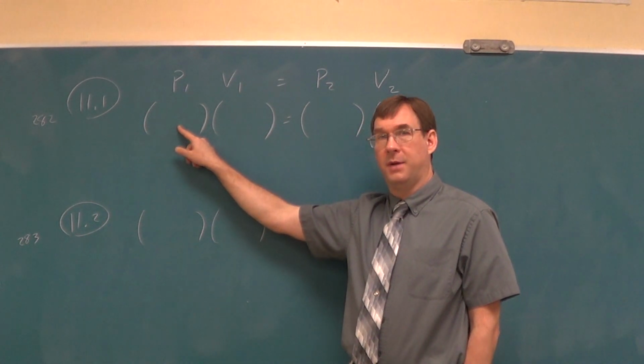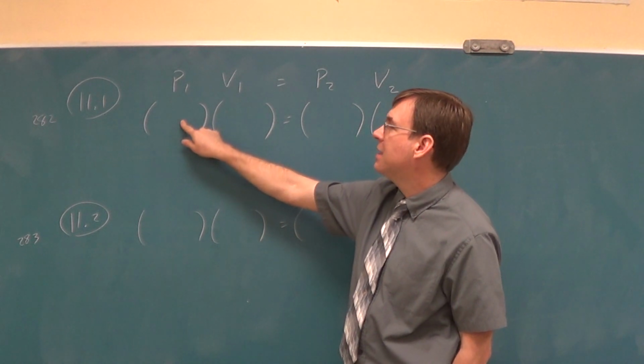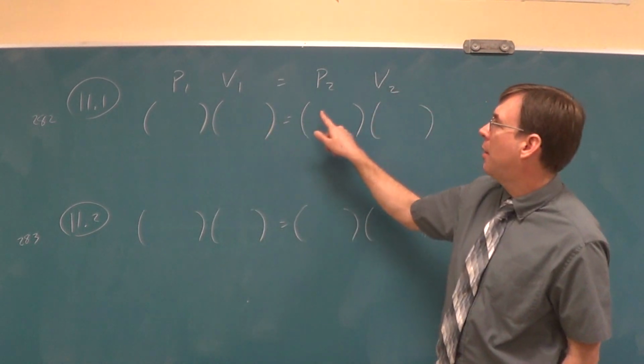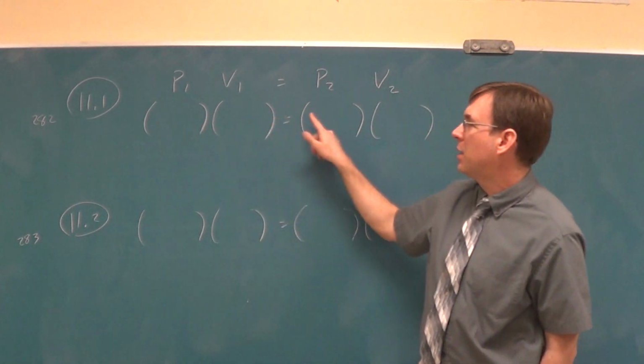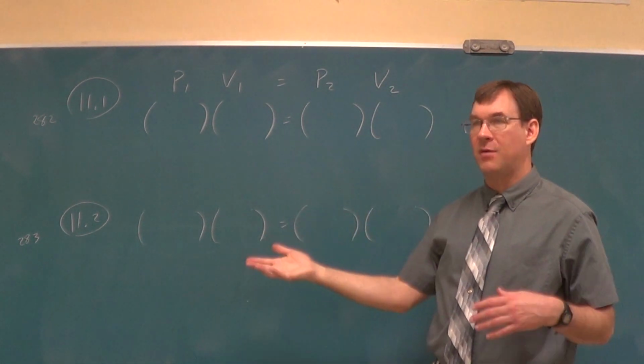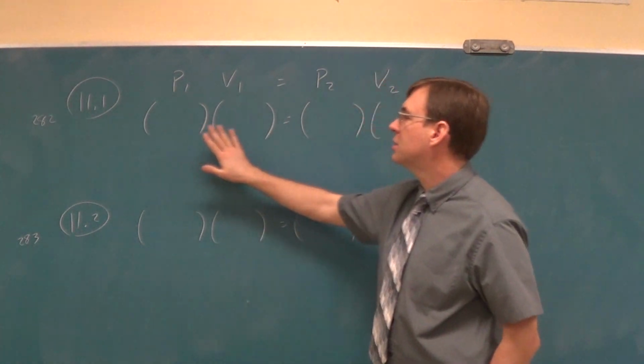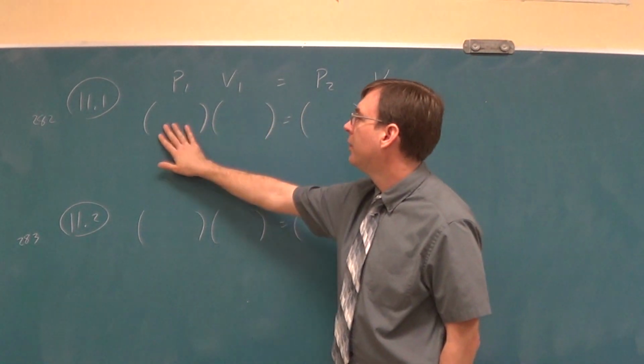How many options might there be? 8. Okay, so pressure is from the quiz, could be any of 8 things. To do these problems right, you have to make sure both of the pressures are measured with the same unit. You can't have a PSI and a centimeter mercury in the same question. So we want the pressures to match.